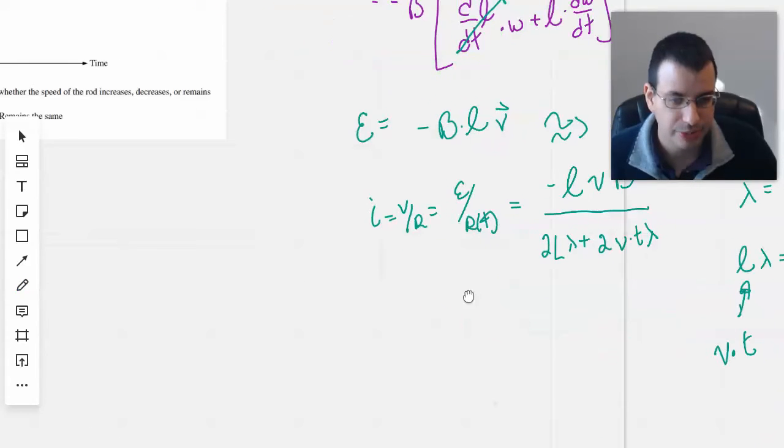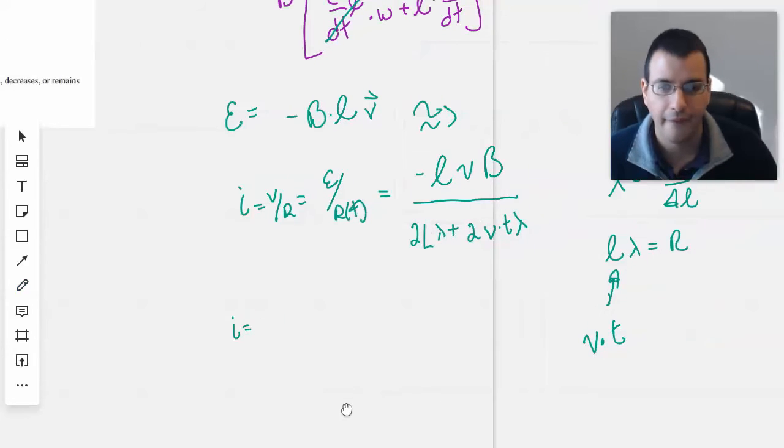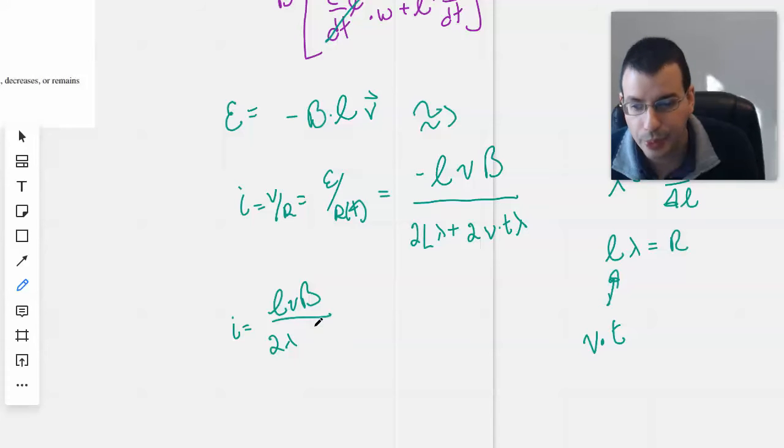So I'm going to simplify this a little bit. And we're going to say current equals, ooh, that's a lot of values. Lambda, velocity, magnetic field, 2 times a lambda times L plus VT.